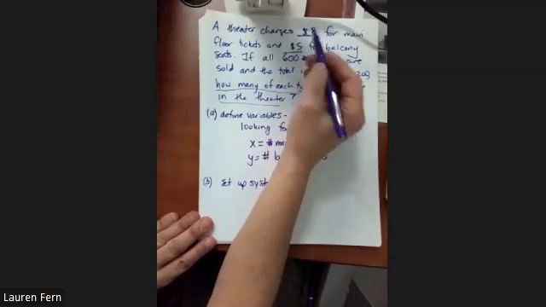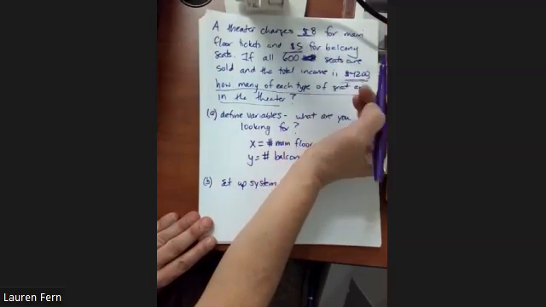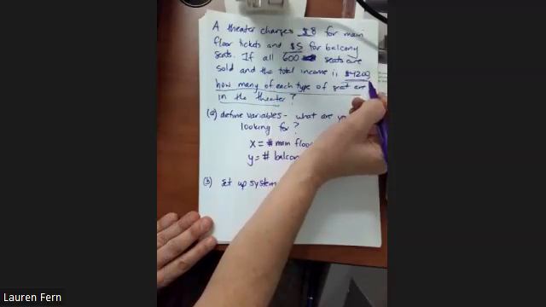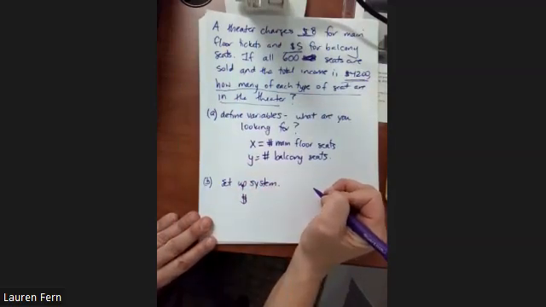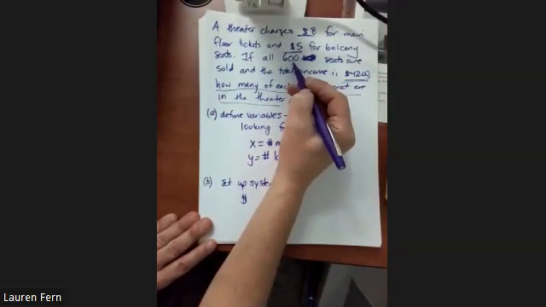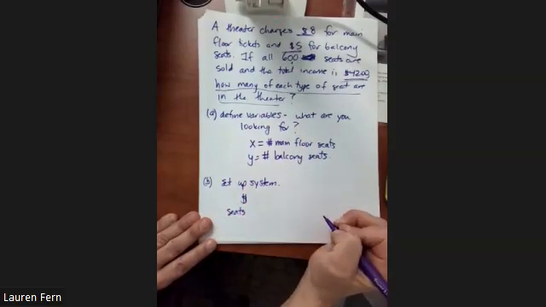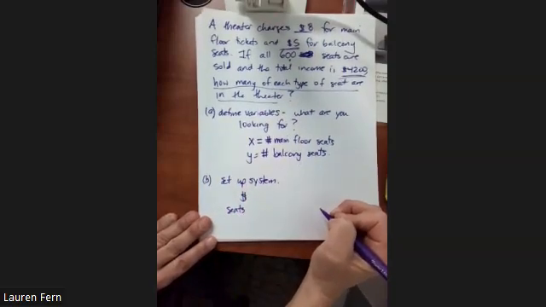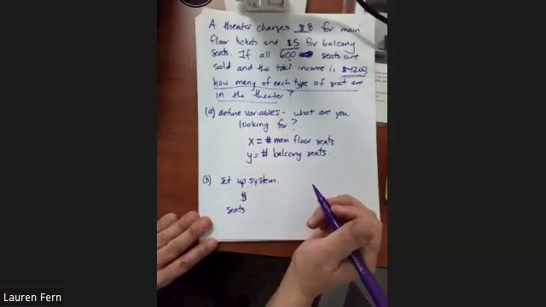One thing is money: $8 for a main floor seat, $5 for a balcony seat, and we make a total of $4,200. Do you agree that one of them involves money? Probably going to want to keep money with money. The other piece of information is 600, in other words, the number of seats. You'll see that things break down this way quite often.